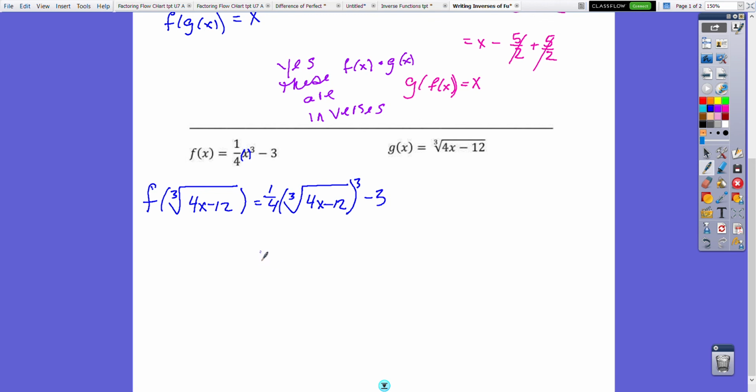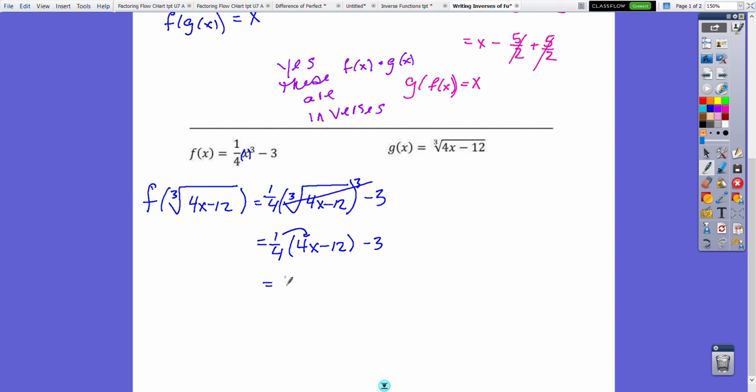All right, so now we just need to simplify. And look, I have a cube root being cubed. Well, right away I know that those things undo each other, so I'm left with 1/4 times 4x minus 12 minus 3. Let's distribute this 1/4 in.